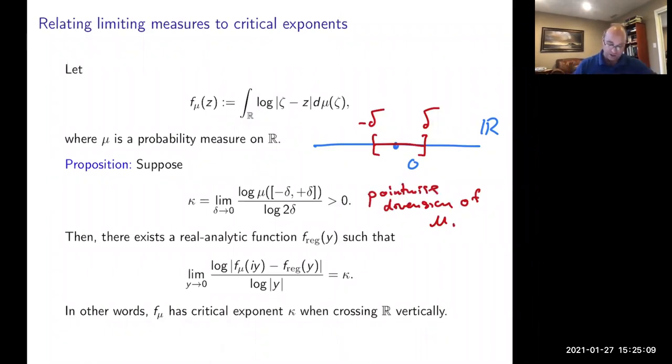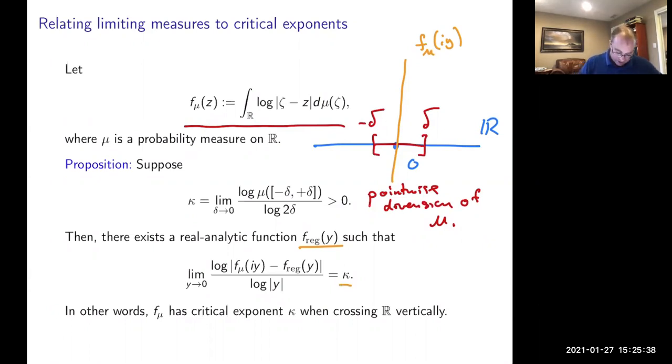And the statement is that then, if you look at the logarithmic potential for that measure, and if you study it just along the imaginary axis, f mu of i y, then there is an analytic function so that if you subtract it, your f mu of i y has a singularity with critical exponent exactly kappa.